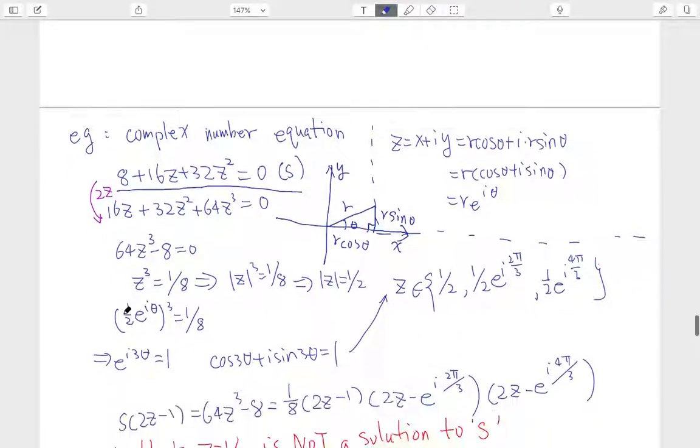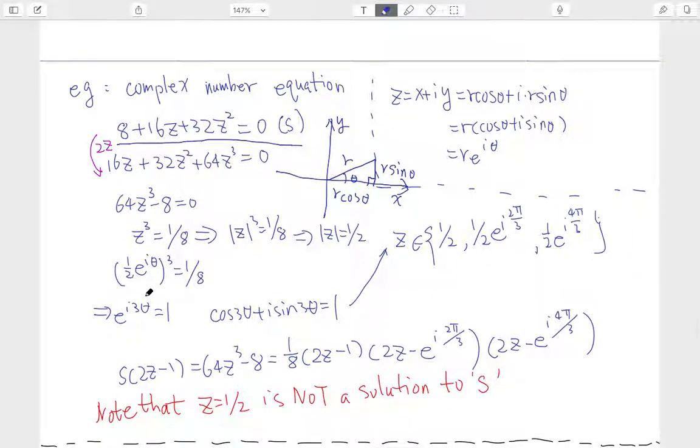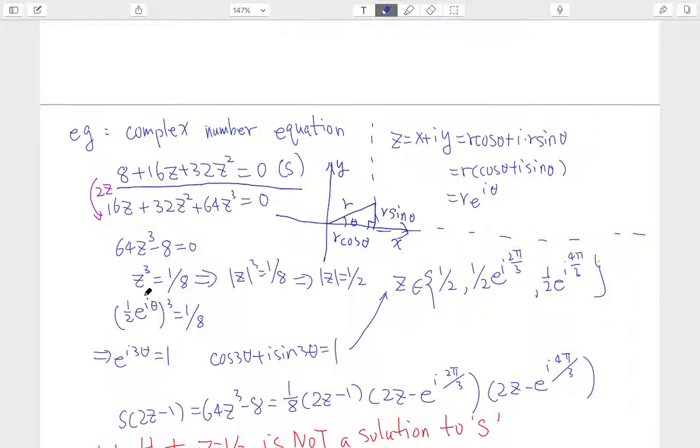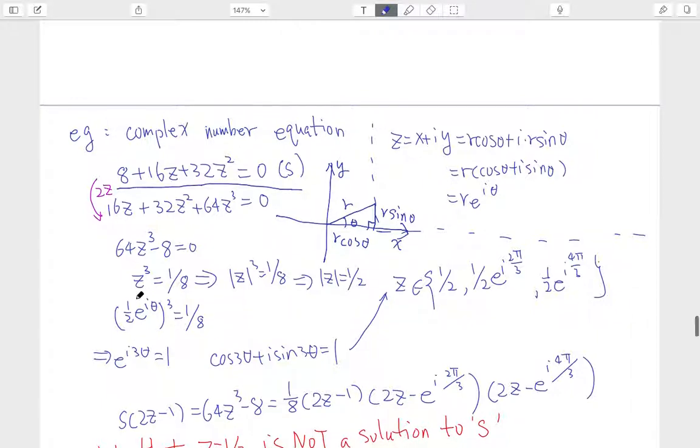And then by this kind of procedure, we can simplify to what we find is easier for us to solve, and use Euler's formula to solve.